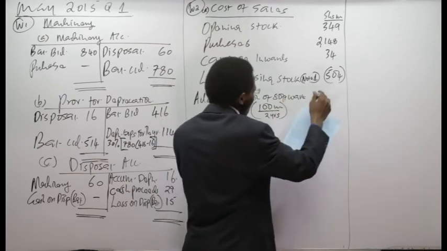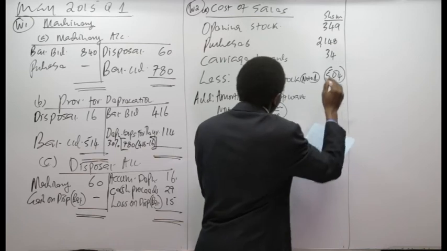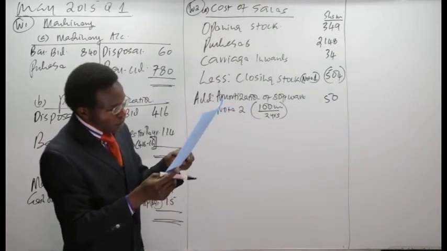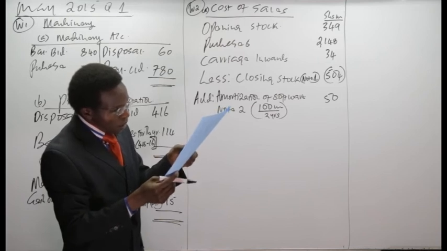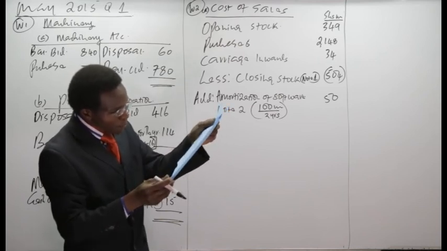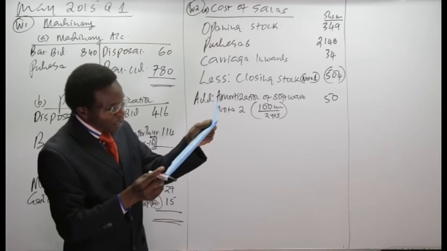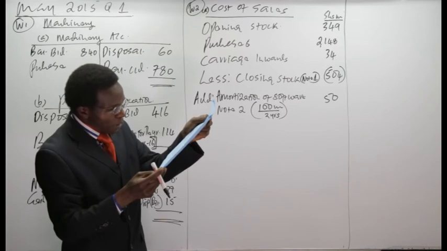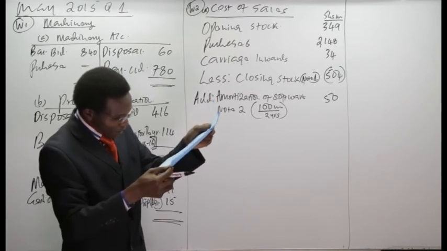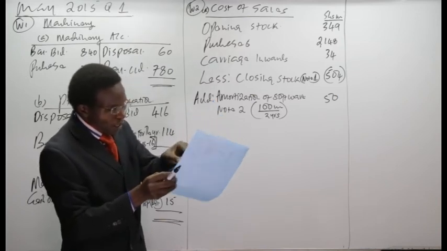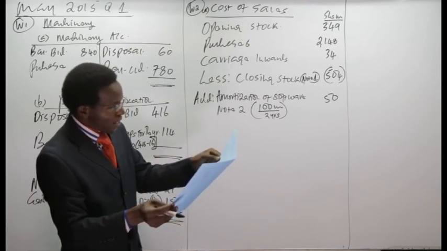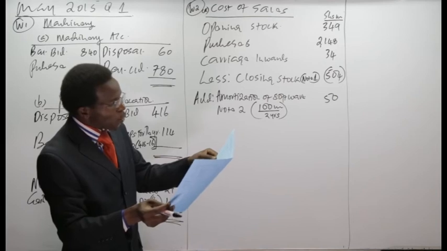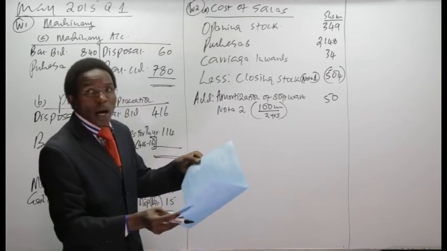So we have this as 50. That goes without even a calculator. Then 3. There is accrued admin expenses, salaries and wages. There is also a prepayment of rent and rates. Now you need to know that from additional information number 9, there is rent and rates that we are going to apportion. There's also salaries and wages that we must apportion. So we'll come back to them later.